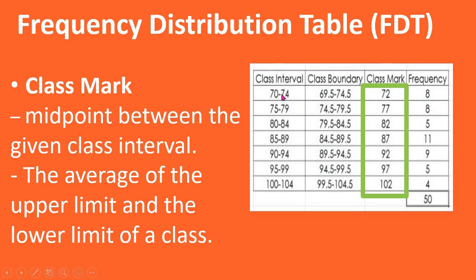So if we have the class 70 to 74, 72 is the midpoint between 70 and 74. That is also the average of the upper limit and the lower limit of a class. So if we have 70 as the lower limit and 74 as the upper limit, 70 plus 74 is 144, divided by 2, so that is 72.